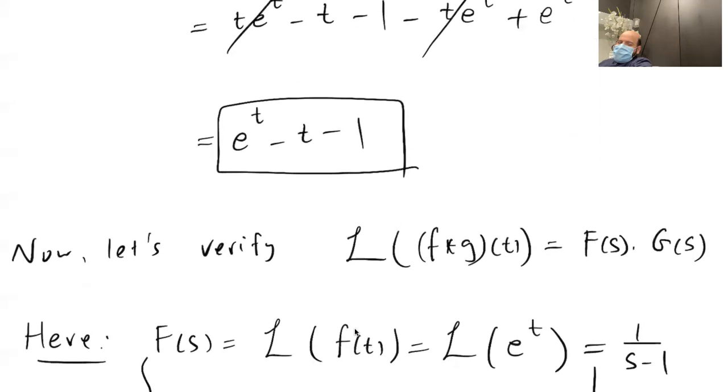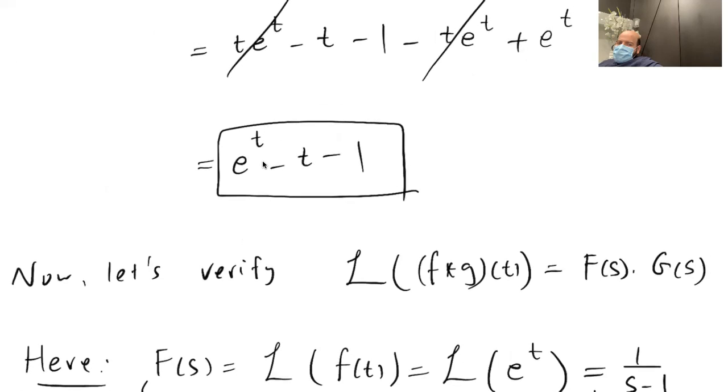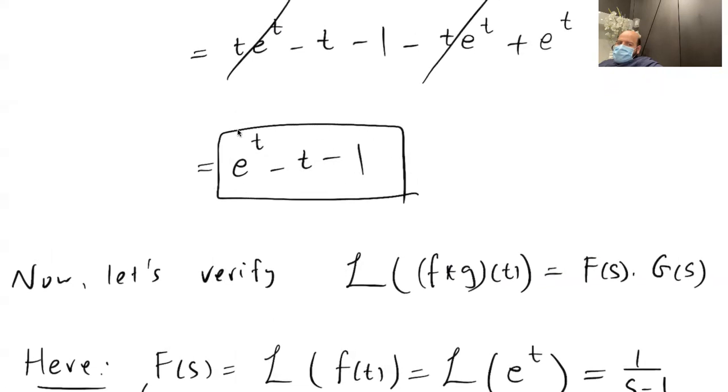Now let's also calculate Laplace transform f star g of t, and let's see whether we get the same answer. Now f star g of t, we just calculated, it happens to be e to power t minus 1. We have to calculate Laplace transform of this function.